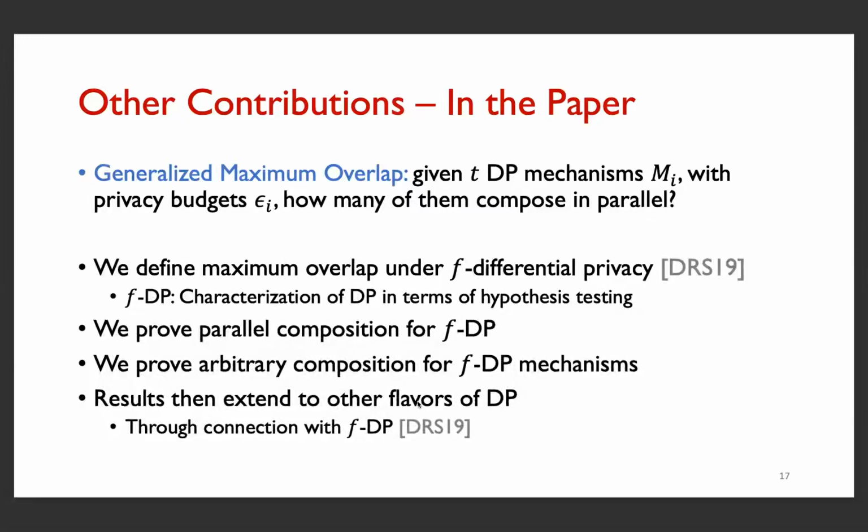One of our contributions is to prove a parallel composition theorem for f-DP, and also then use that to have an arbitrary optimal composition for f-DP mechanisms. The reason to focus on f-DP is that we can then relate all these results to other flavors of DP through the connection with f-DP.